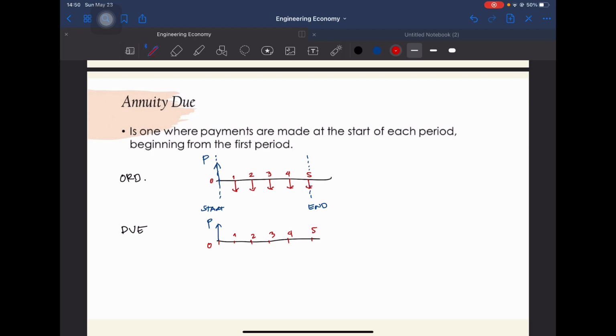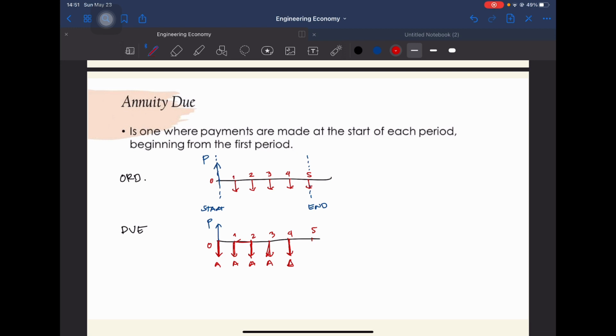Now, ang payment mo sa una, ito yung unang taon, ang payment mo para dyan is at the beginning of that year. Para naman sa second year, your payment will be at the beginning also of the second year. Then, so on. You paid for 5 years at the beginning of each year. Then, that is annuity due.